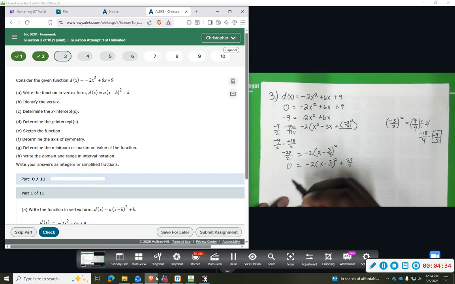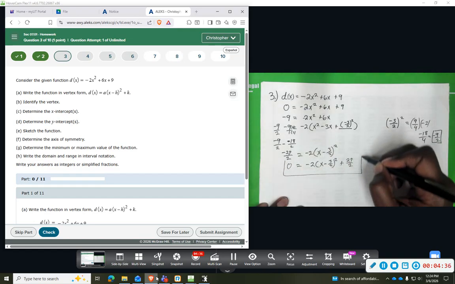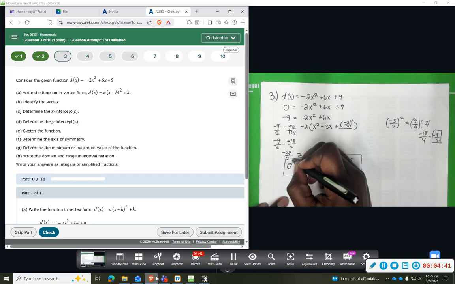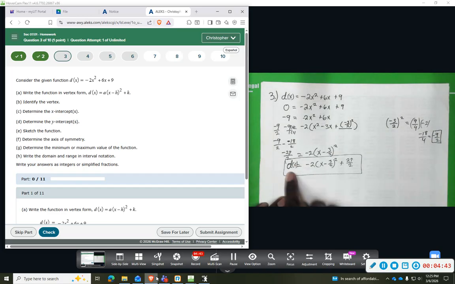All right, so this would be the equation in vertex form. If you want to, you can go back and change this to the d of x. Okay, and so here it is. So that's the completing the square process. That gets us to where we want to be, which is here.